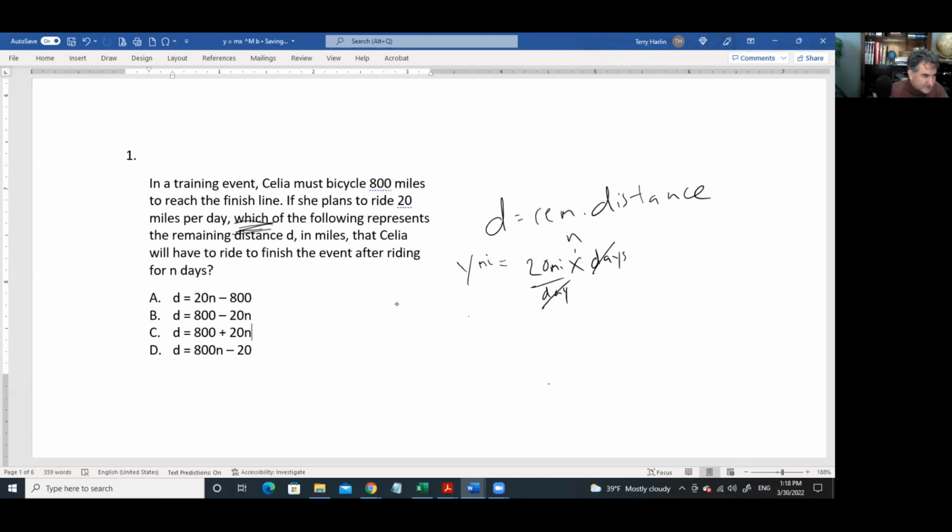In a training event, Celia must bicycle 800 miles to reach the finish line. If she plans to ride 20 miles per day, what's the remaining distance? So our 800 is what she starts with. That's her goal. That's how many miles she has to start with, so that's going to be our B. So y equals mx plus b, or D equals 20n plus 800, except that we are subtracting this number from the 800 in order to get this.